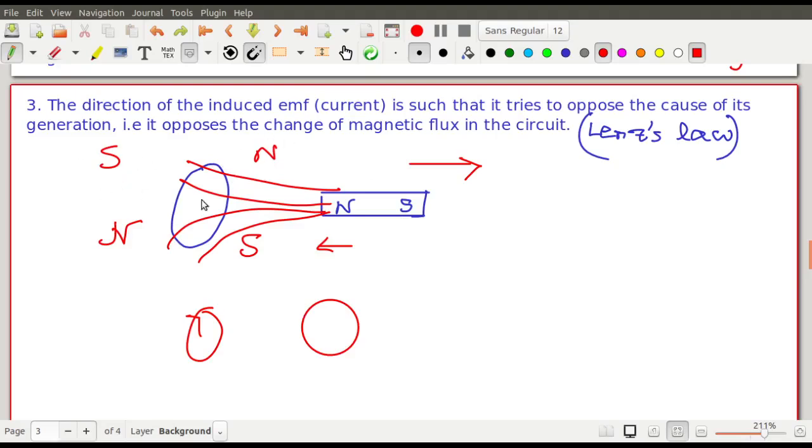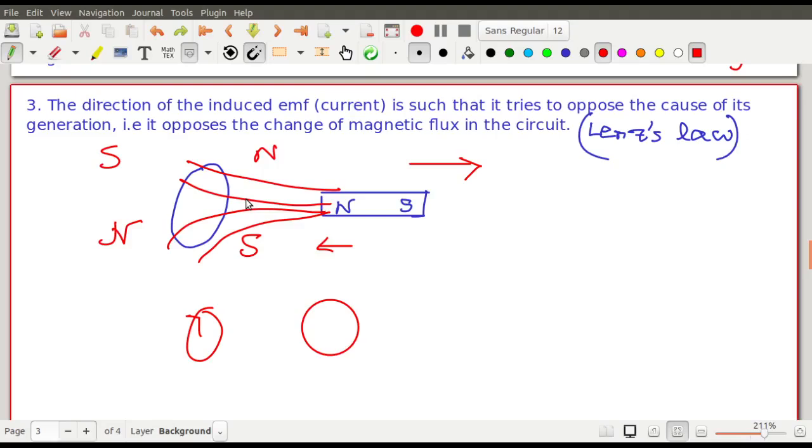That is what I am not trying to do in this particular class. Here I just want to say that the direction of the current is dependent upon the change of flux. So the direction of the current depends on the change of flux. If the flux is increasing, then there is a current with a particular direction, and if the flux is decreasing, then also there is a current, but it is in the opposite sense. And why is it so? That is what I have been trying to explain to you with the help of this magnet. Because sometimes it will try to repel the magnet, and sometimes it will try to attract the magnet, right?